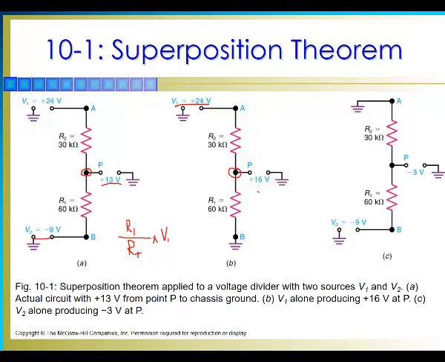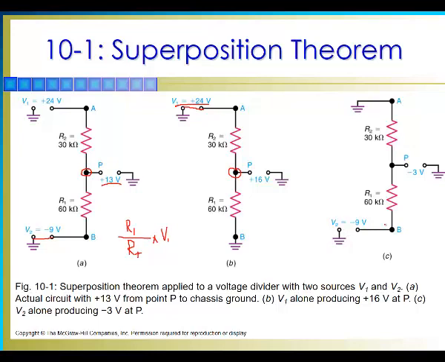Similarly, to do the second part of the problem, in this case we're going to eliminate the 24 volts and do a short circuit right here, connect it to ground, and we're going to utilize now the second voltage source, V2.